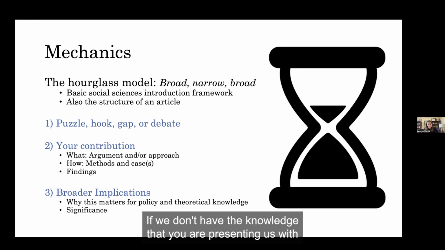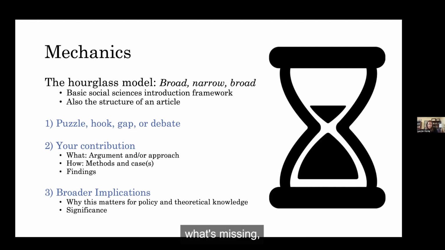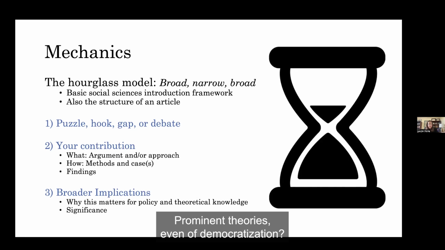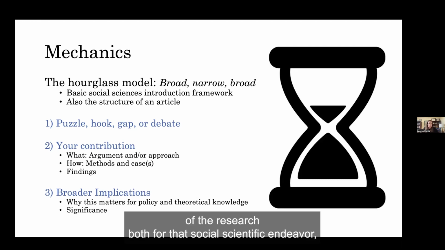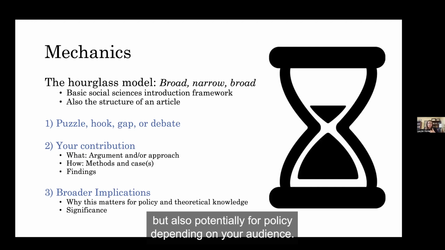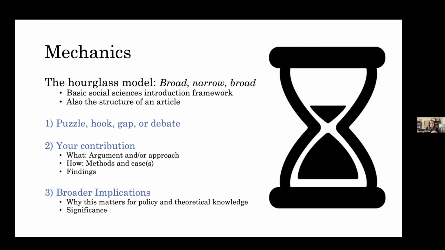If we don't have the knowledge that you are presenting us with, what's missing? How does this help inform theories, even prominent theories, of democratization? So this is really where you are selling the significance of the research, both for that social scientific endeavor, but also potentially for policy, depending on your audience.